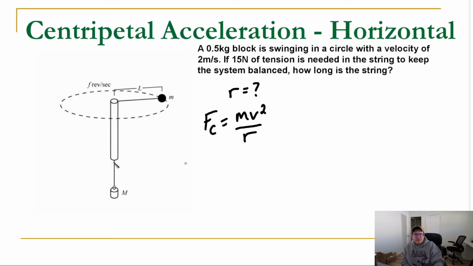We got centripetal force equals 15 newtons. Our mass is 0.5. And velocity is 2 meters per second. Let's put in all of our units. Kilograms, 2 meters per second squared all over r.